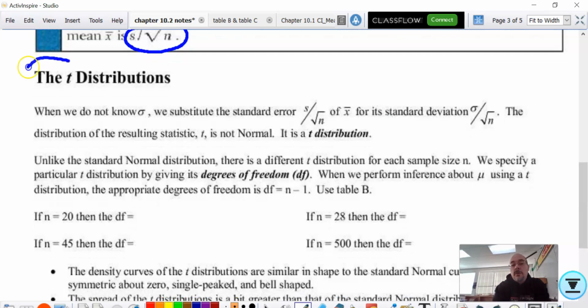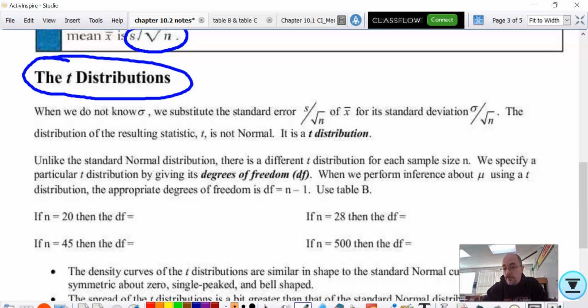Now, this is transformed and called a t-distribution. This is the t-distribution. When we do not know the standard deviation, we substitute the standard error s divided by the square root of n of x bar for the standard deviation sigma over the square root of n.